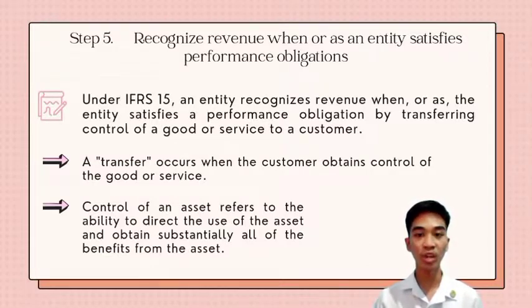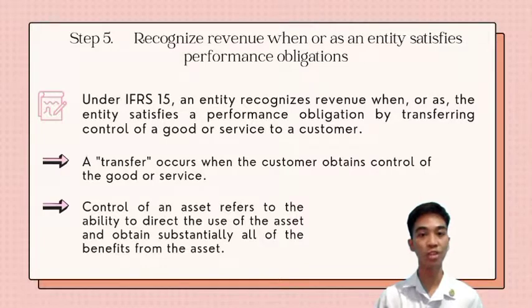A vendor recognizes revenue when or as the goods or services are transferred to a customer. A vendor satisfies a performance obligation, that is, it fulfills each promise to the customer by transferring control of the promised goods or services underlying that performance obligation to the customer.